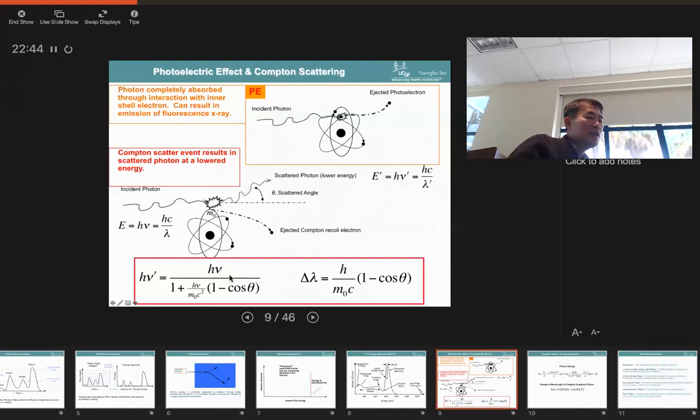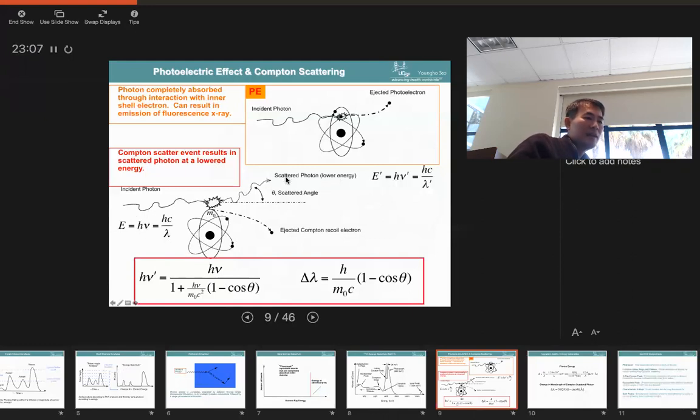Do you want me to go over this equation? So here we know the energy of an incident photon to be the Planck constant times the frequency. As I explained before, the frequency could be written as the speed of light over the wavelength of the light.